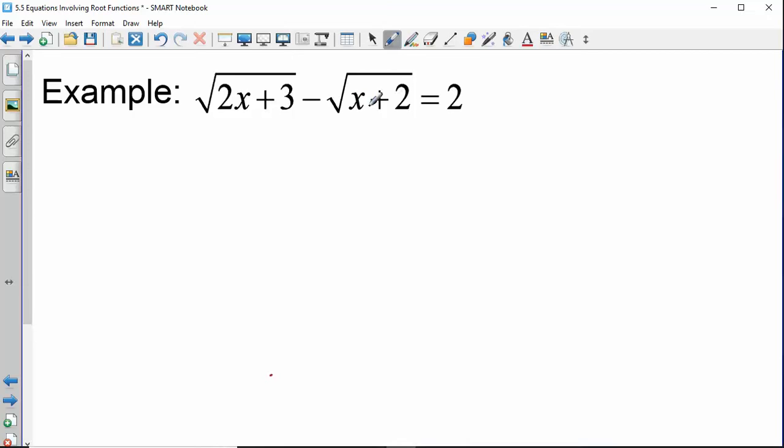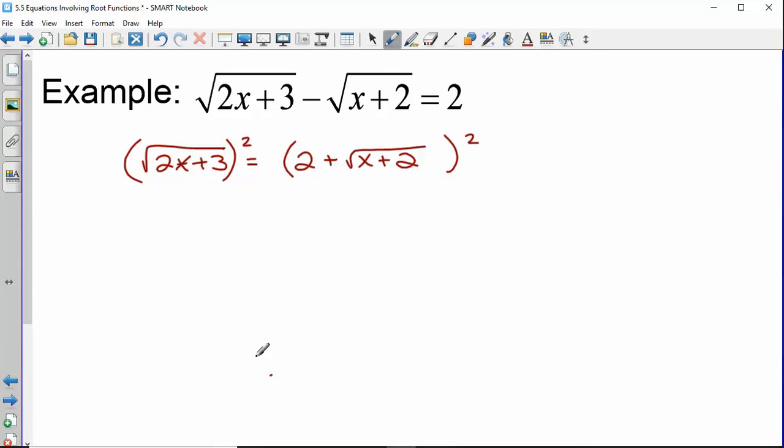We need to get rid of one at a time. Okay? So add one of them over. Okay, so if I'm focused on the left side right now, to get rid of this, you would just square. And we square each side.